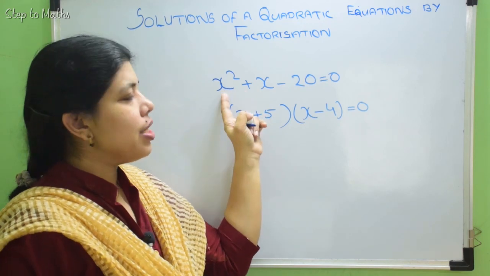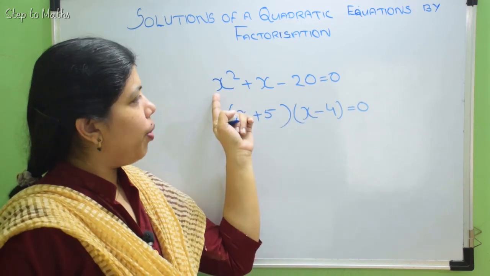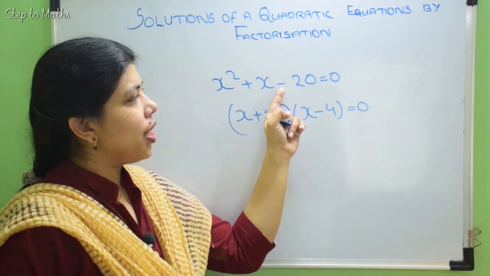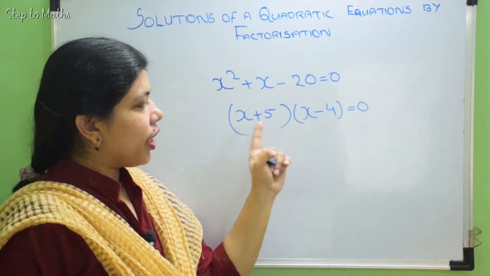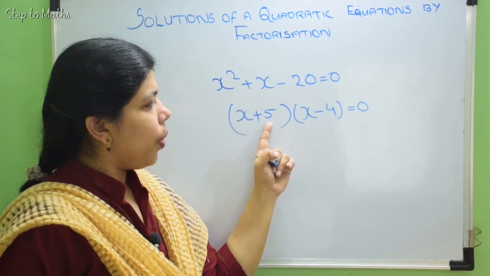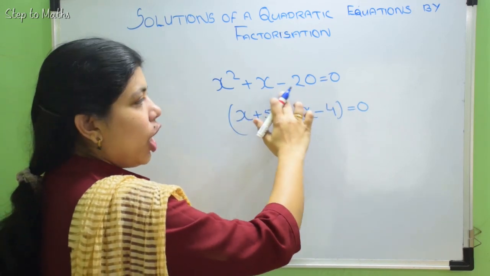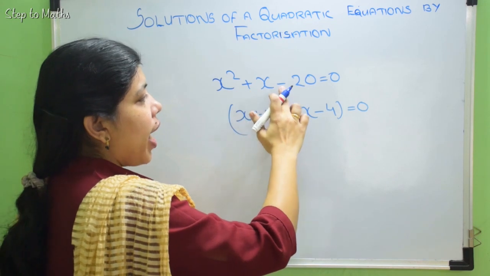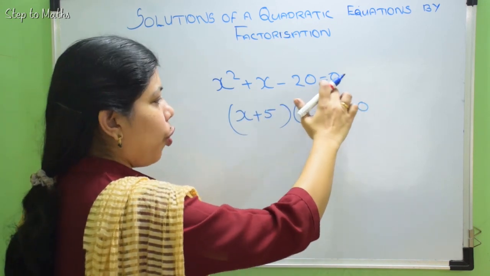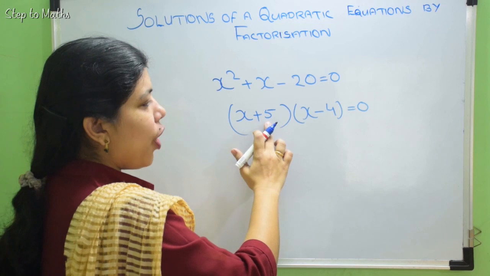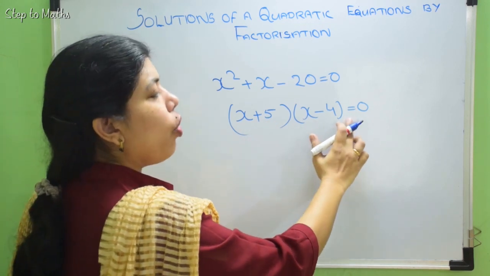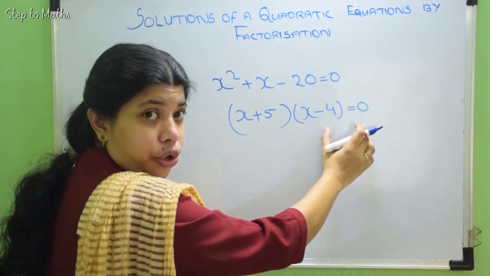If we factorize this polynomial x square plus x minus 20, its factors are x plus 5 and x minus 4. And the given quadratic equation is x square plus x minus 20 is equal to 0. That means (x plus 5) into (x minus 4) equal to 0.